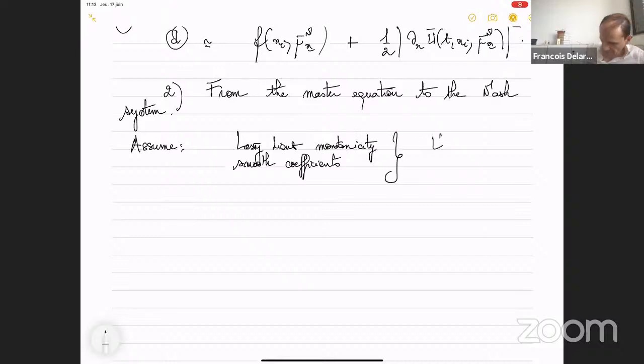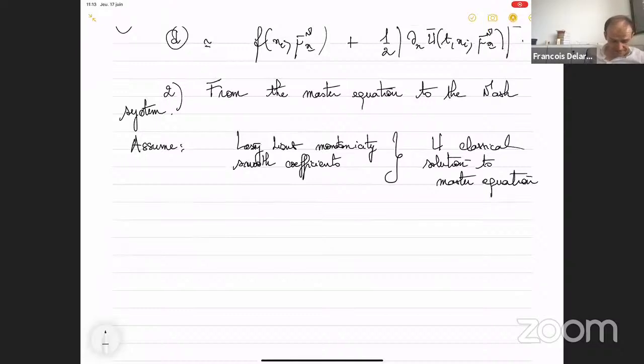And then we know that there is a classical solution U to the master equation. And now what is the point? Well, the point is to say, I'm going to compare the master equation with the Nash system by projecting U onto the finite dimensional space.